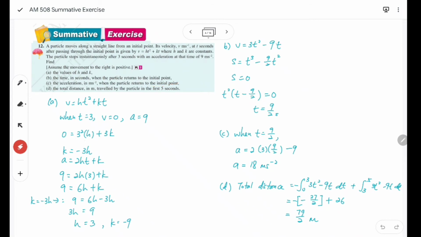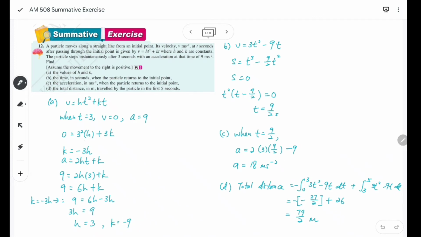C. The acceleration in meter per second square when the particle returns to the initial point. The particle returns to the initial point at t equals 9 over 2, and we need to calculate the acceleration function. The acceleration function is a equals 2ht plus k, where h is 3, t is 9 over 2, and k is negative 9.